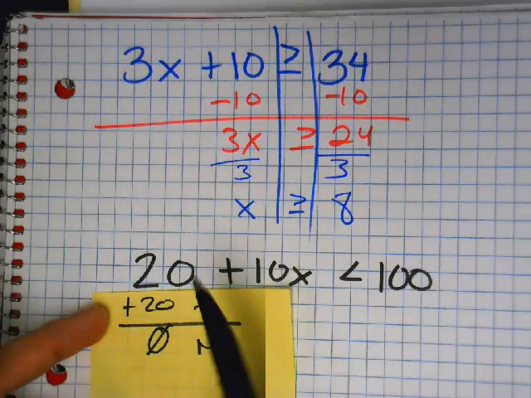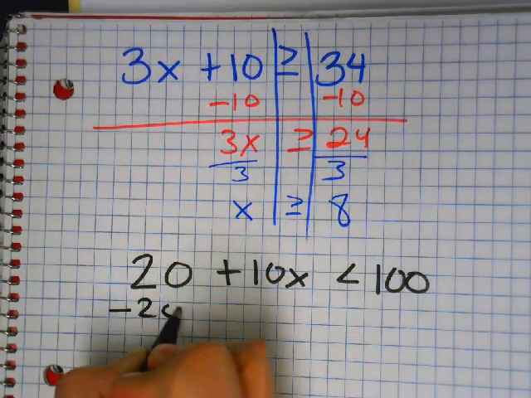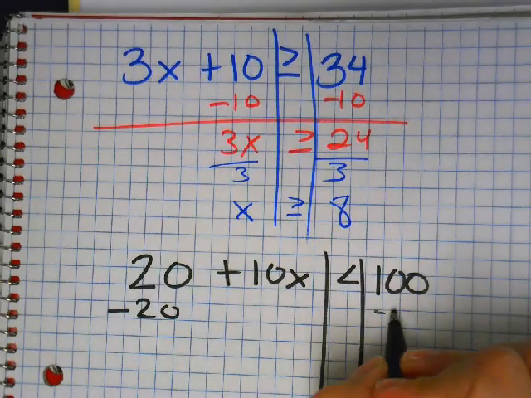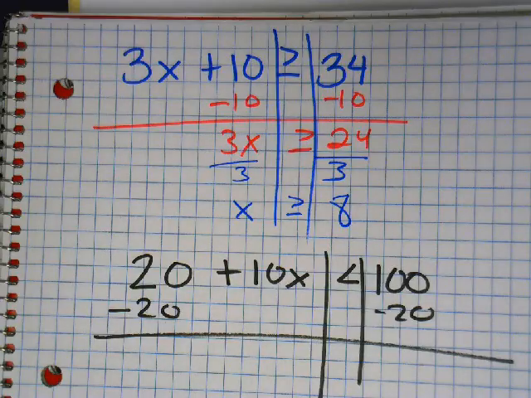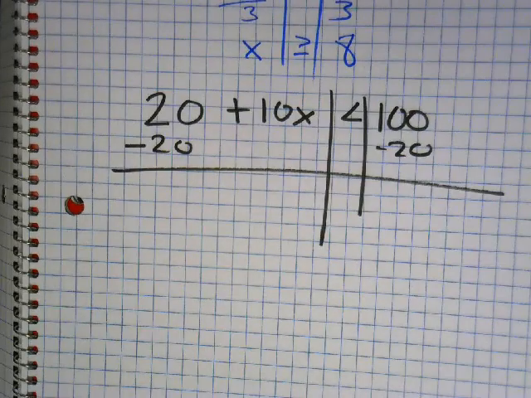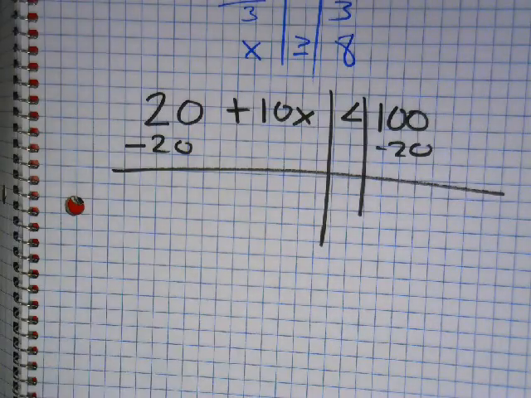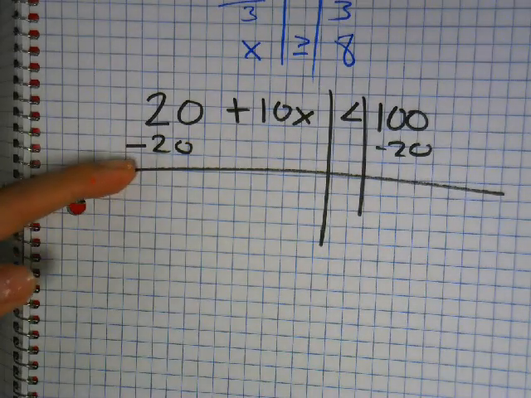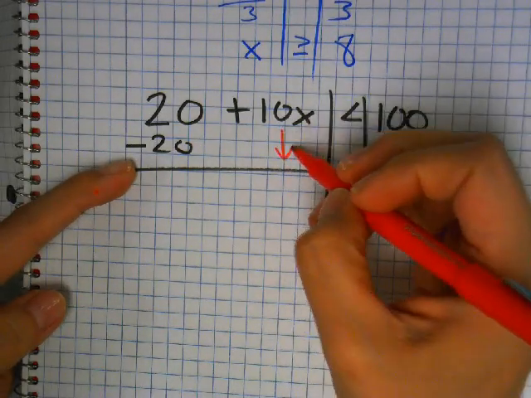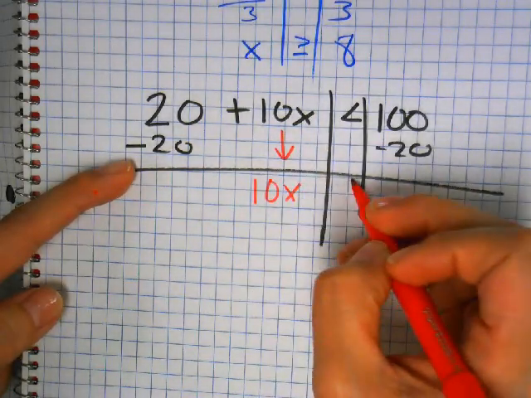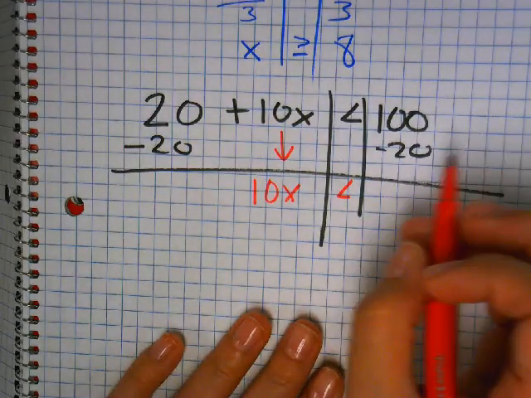No. So I can't do plus 20. I have to do minus 20 on both sides. We start with the 20 because it's further. 20 minus 20 is 0. That's what I want. This, bring down. What's 100 minus 20? 80.